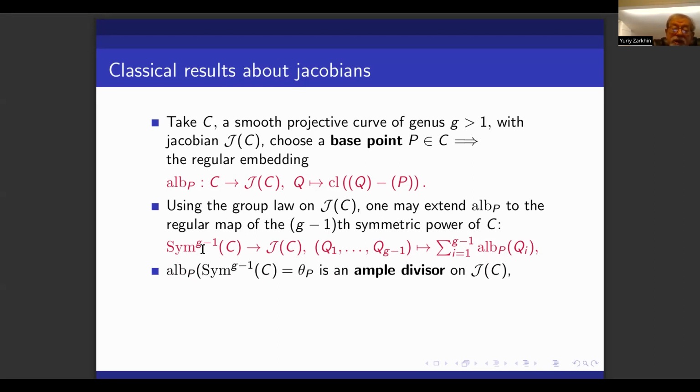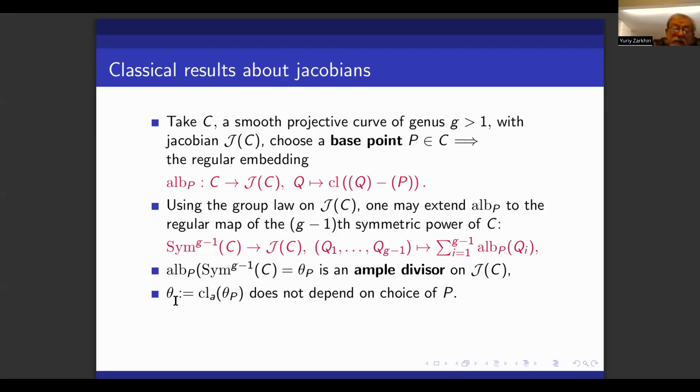The image of this (g-1)st symmetric power, which is denoted by small theta_P, is an ample divisor on J(C). If you take the g-th symmetric power instead of g-1, you get a birational map, but I don't need it.